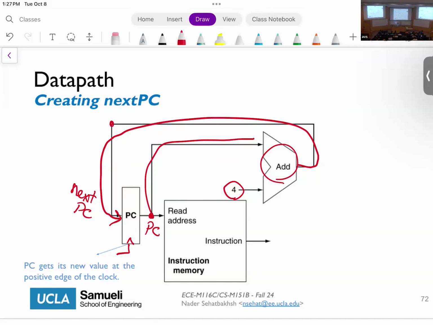So the question is that in the past we said that we need to make sure the lower 2 bits of the PC should always be equal to 0. Here we don't do that check. Why? Because we are assuming that the PC already starts with the correct value. If the PC starts with the correct value, whenever you add 4 to it, it stays a multiple of 4.